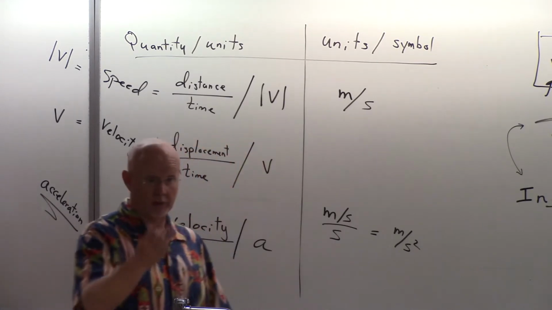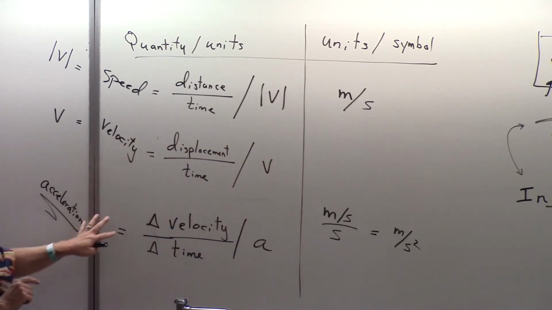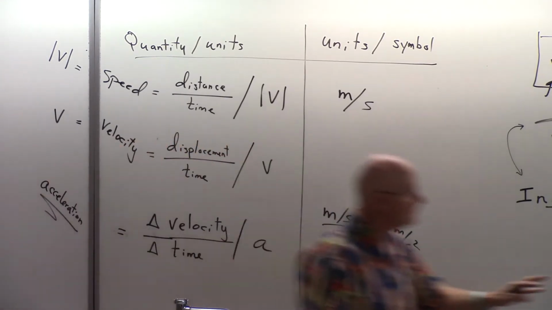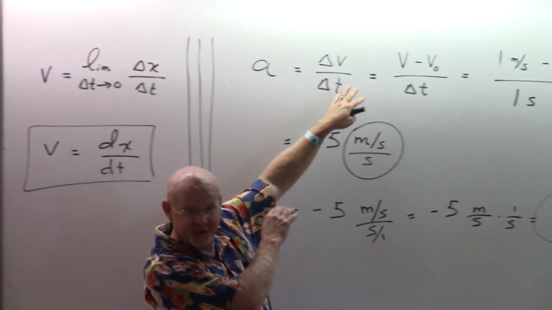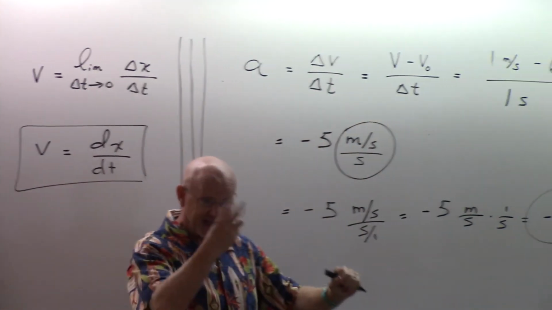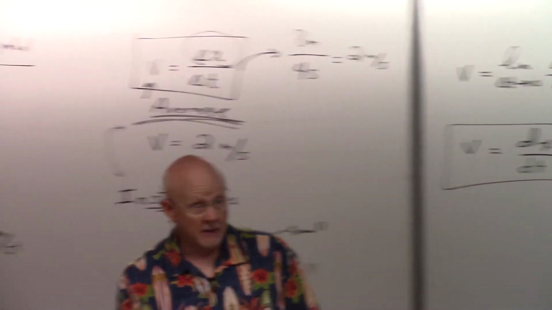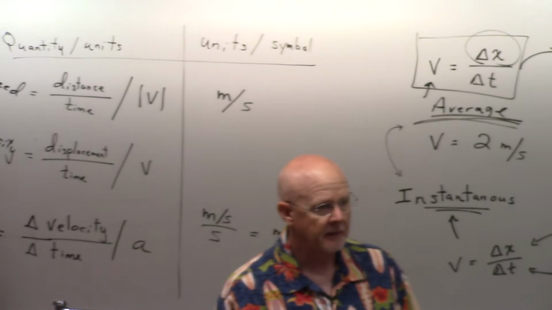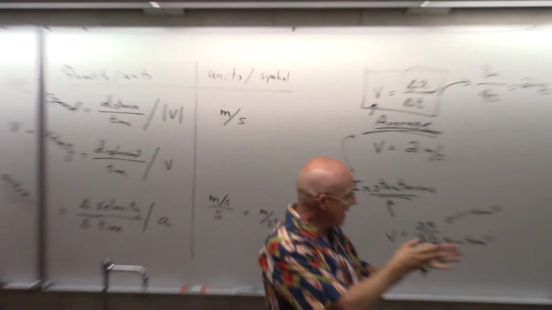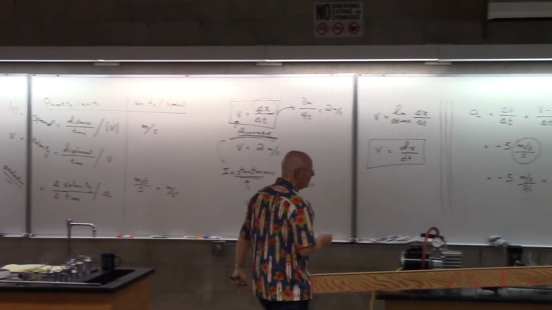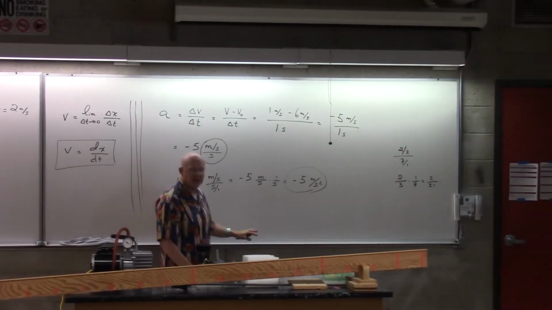And that's step 3, right? Step 1, new quantity. Step 2, a formula that goes with that quantity. Step 3, the units that measure the quantity. And then the big step. What does that mean? What does negative 5 meters per second squared even mean?